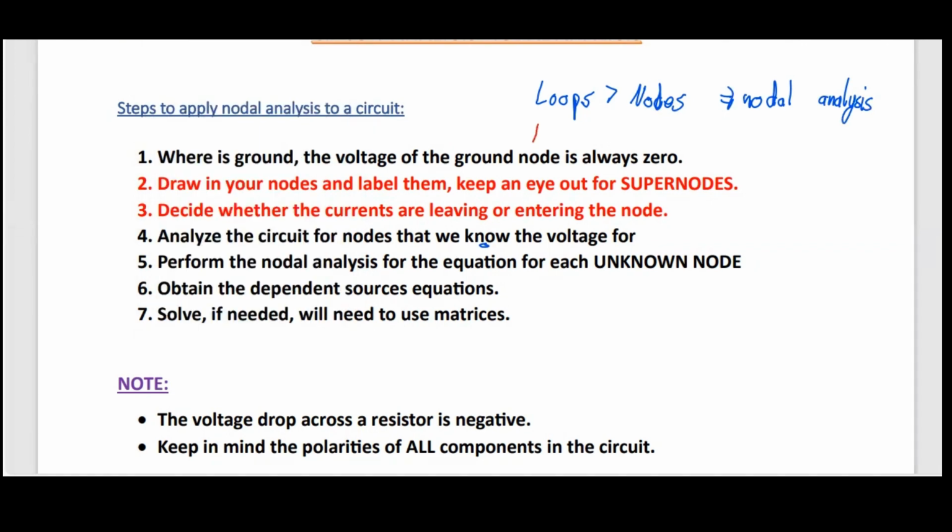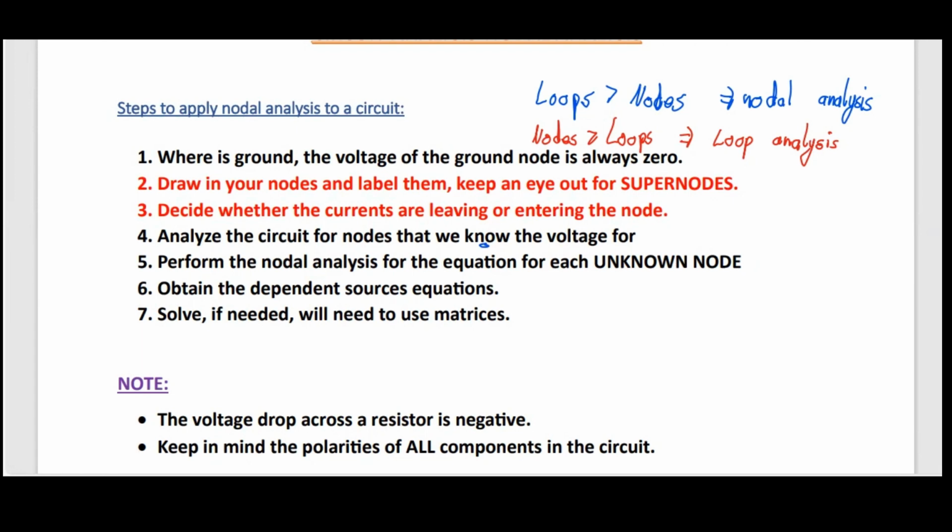If you have more nodes than loops, you use loop analysis. You just get through the question faster. You could use either one and you get the same answers, but one will be more efficient than the other.